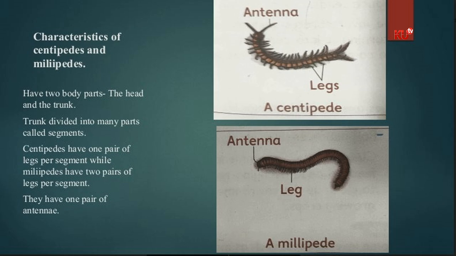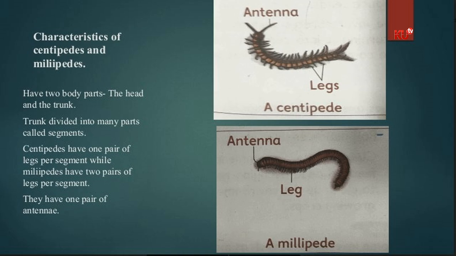So the trunk of a centipede or a millipede is divided into many small parts called segments. So remember that one. The body is divided into two parts, head and trunk. And the trunk is divided into very many small parts called segments.